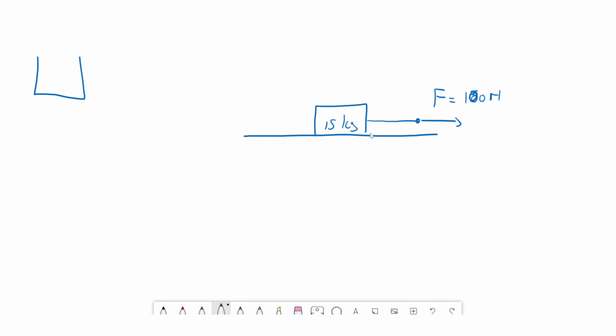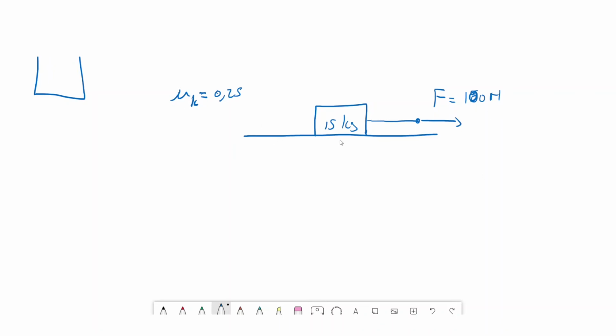Okay. And then I'm telling you that the surface has a coefficient of kinetic friction of 0.25. I'm telling you that this is going to be 0.25. And then you're applying that.